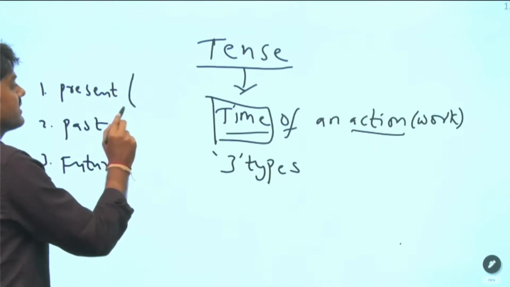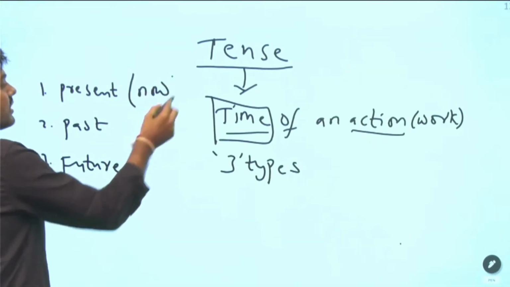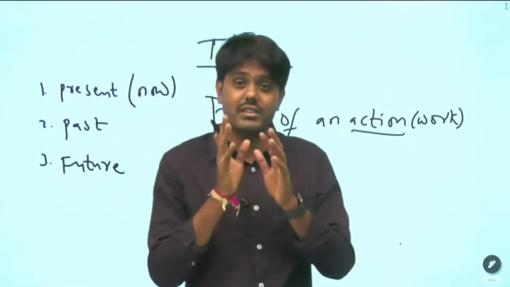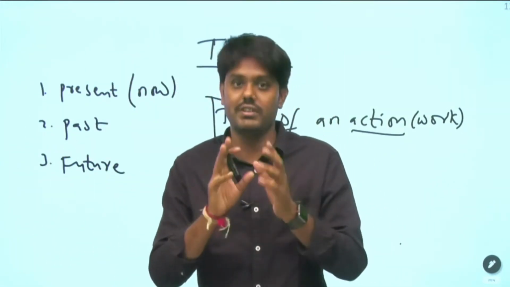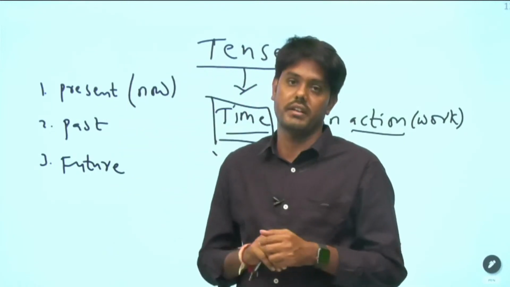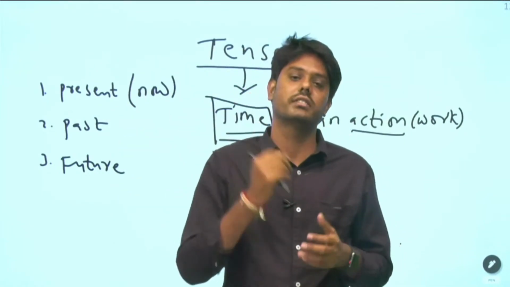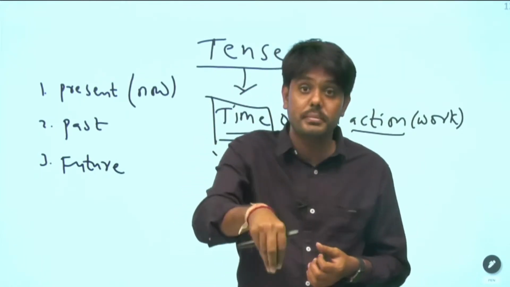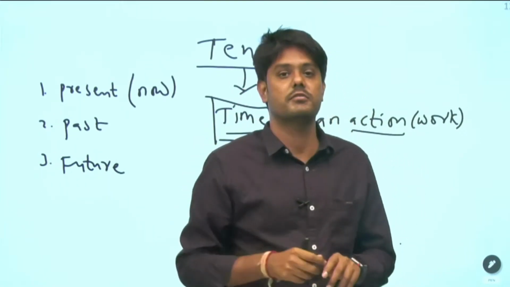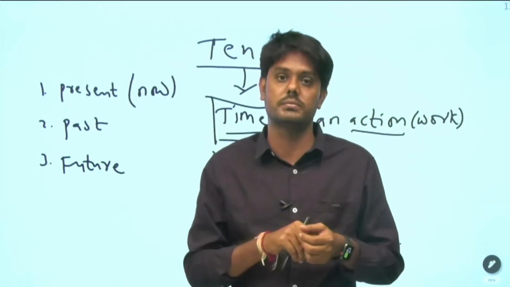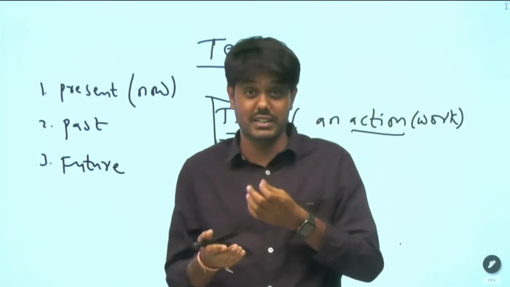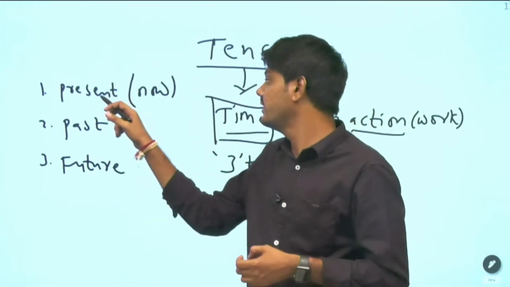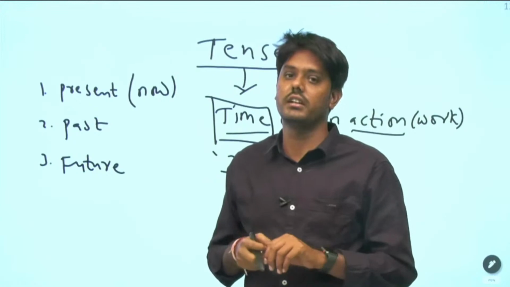Present tense is nothing but whatever work you are doing exactly now. Whatever work you are doing now will be explained by the present tense. In another way, we can define it as whatever work is going on at the time of speaking. So at the time of speaking, whatever work is going on will be explained by present tense.